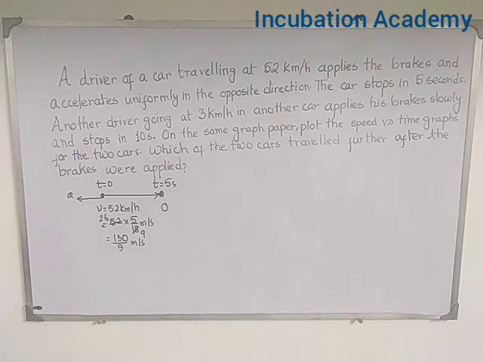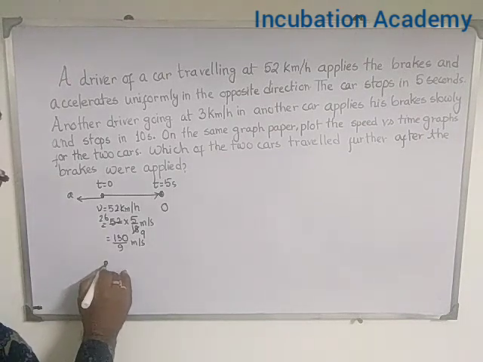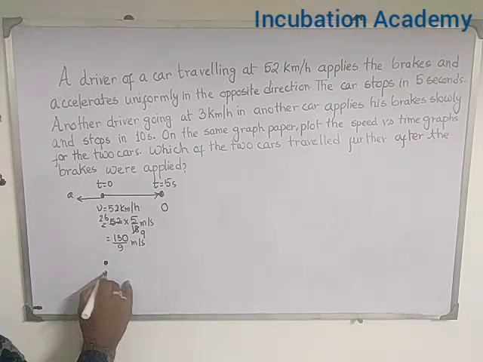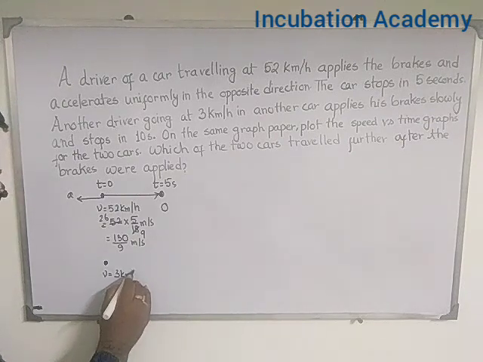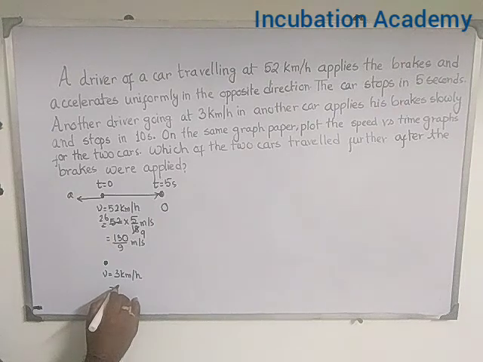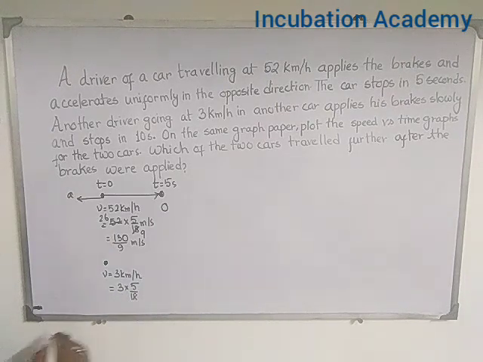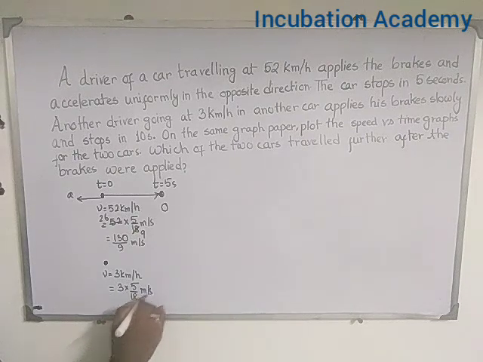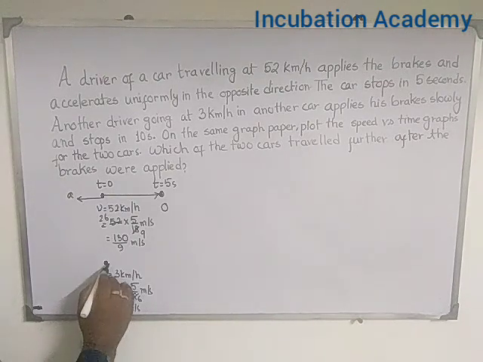Another driver is going at a speed of 3 km per hour. So let us take another driver. I am representing the velocity, that is V, 3 km per hour, that is 3 into 5 divided by 18 meter per second. So it is 5 divided by 6 meter per second.